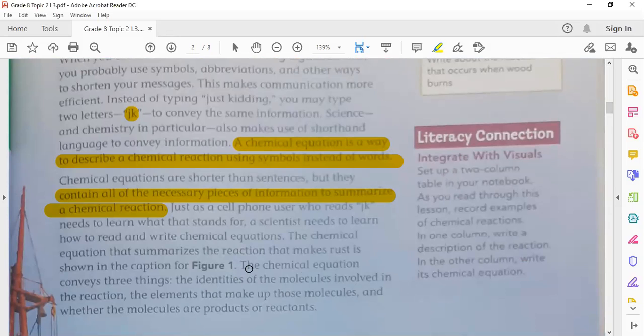The chemical equation must contain 3 things. Please highlight it.